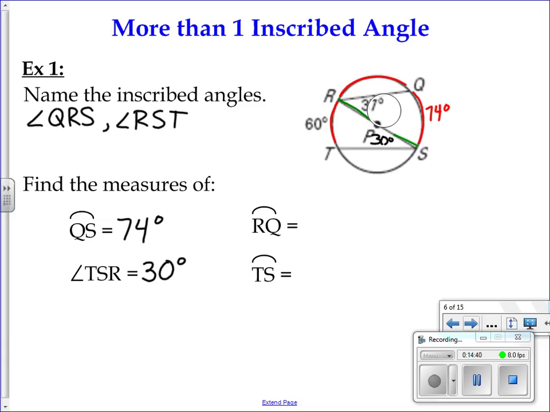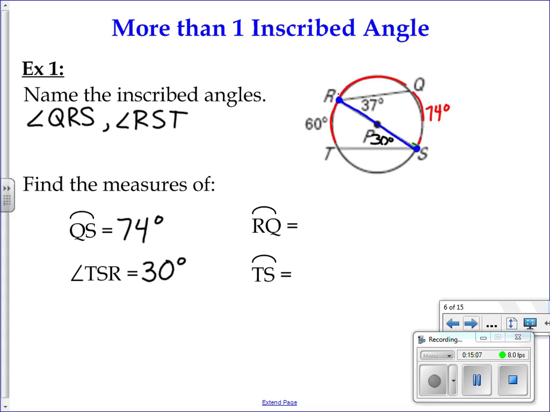So when you look at arc RQ, it's the top part of the circle. How do you think we can figure it out? Well, if you haven't noticed, there is a special part drawn on the circle that we mentioned yesterday. R through S goes through the center. So what part of the circle is that? That is a diameter. And what do we know about a diameter?